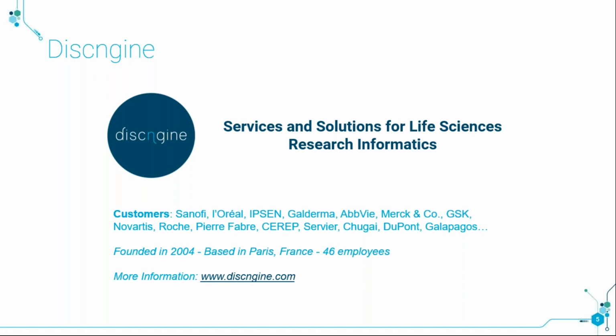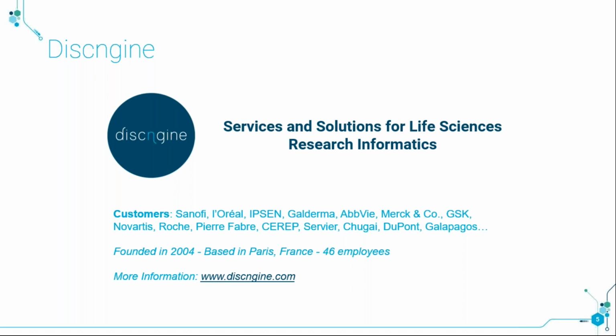First, let me briefly introduce you to the Discngine company. I'm not sure that everyone has heard of us already, but we are a company based in Paris, France. The company was founded in 2004 by two Pfizer alumni. We are now 46 employees and still growing.